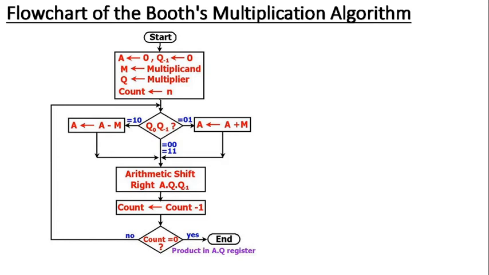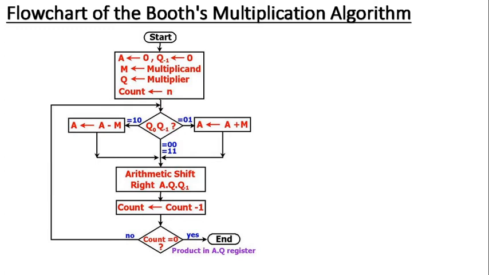And when the count reaches 0 at the bottom, count is equal to 0, yes, then my algorithm gets terminated. All the iterations are over, algorithm terminated. And once the algorithm is terminated, the product of multiplication of the given operands, that is multiplicand and multiplier, will ultimately be copied into the AQ register, which is clearly written at the bottom.